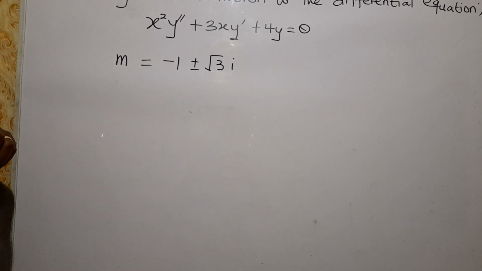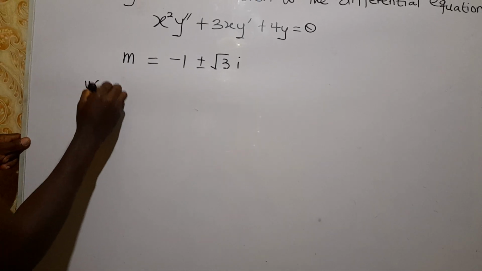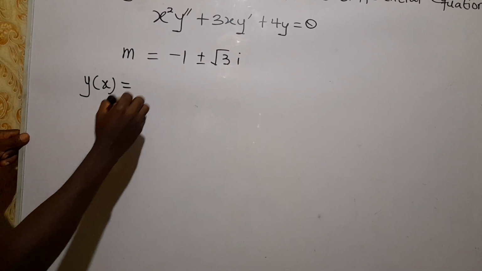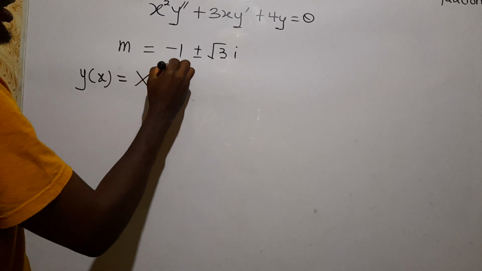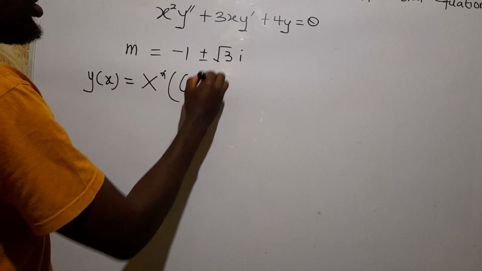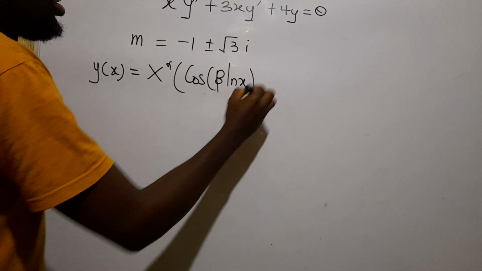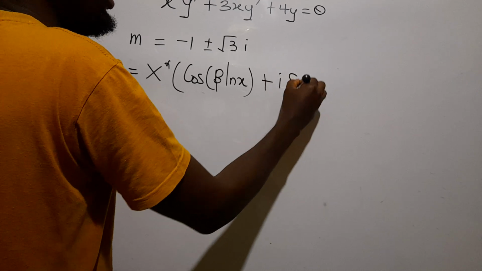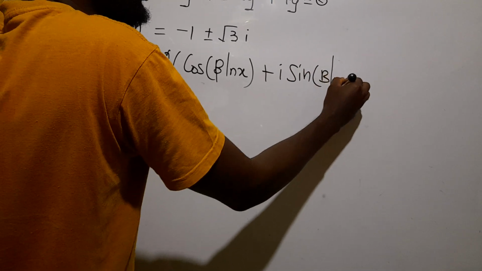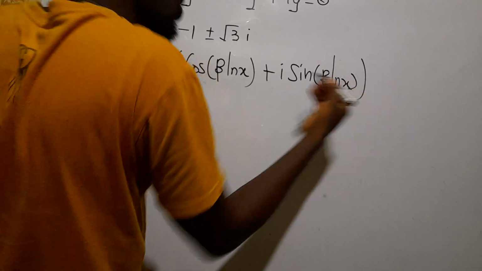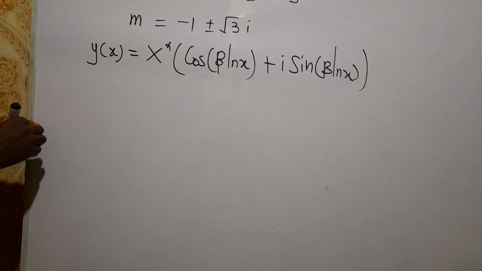And remember, we said if m is a complex root system, then our general solution y of x will be equal to x exponent alpha times cos(beta ln x), then plus i sine(beta ln x), where alpha is the real part of the complex root system.